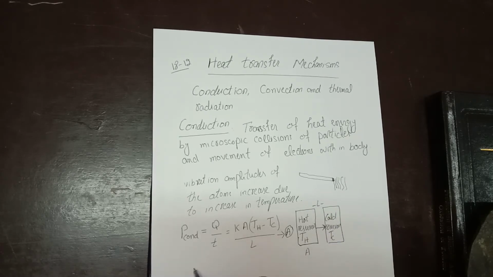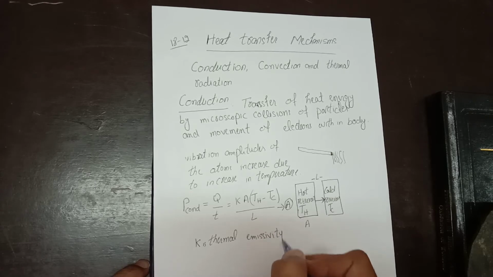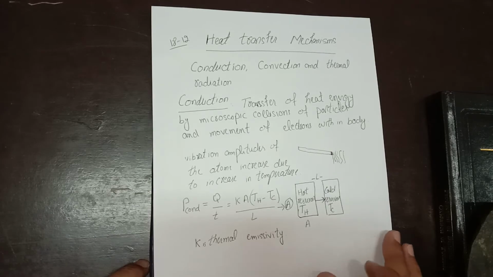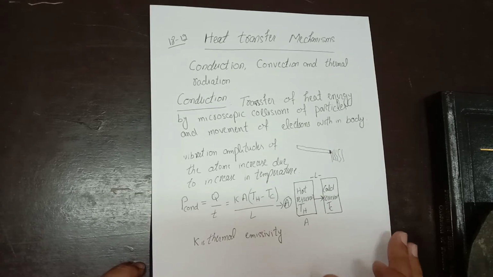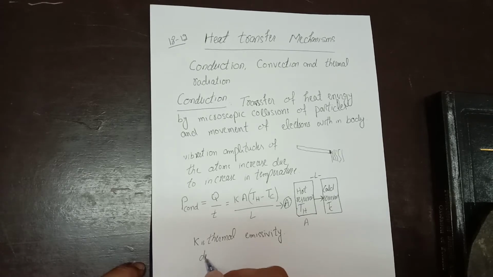K is the thermal conductivity. Its value depends upon the nature of the material of which this reservoir or slab is made.